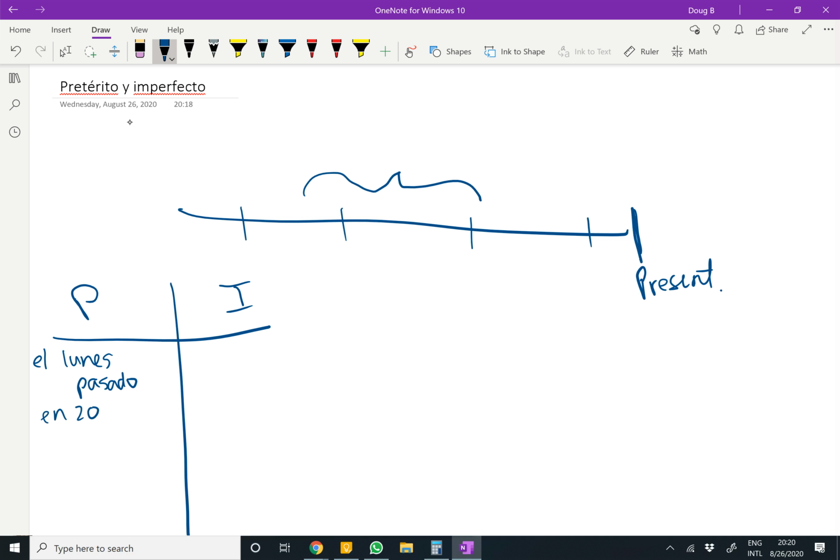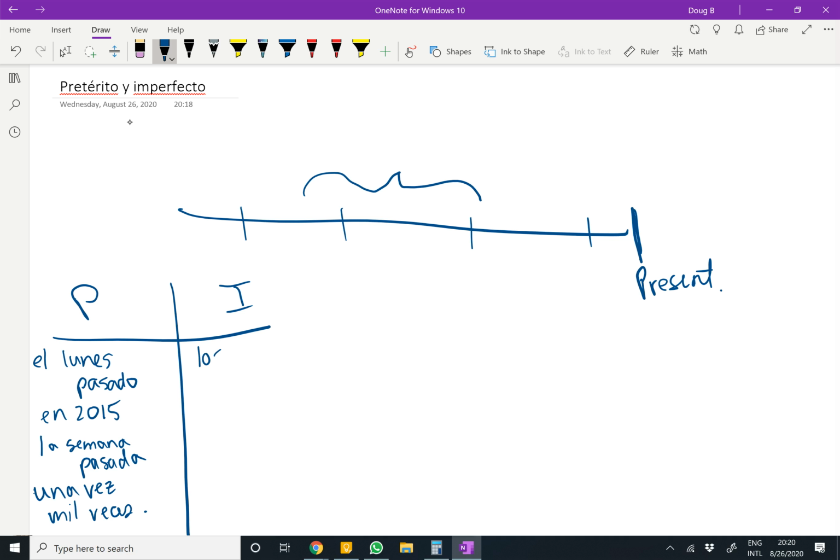En 2015, in 2015, right? La semana pasada. O una vez. O 1000 veces. One time or 1,000 times, because we're putting a specific number on it, right?